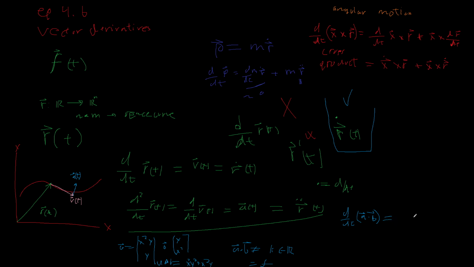This is also a product, so it's a dot b plus, remember, order matters, well, not so much for the dot product, a dot db over dt. In other words, a dot b plus a dot b dot.